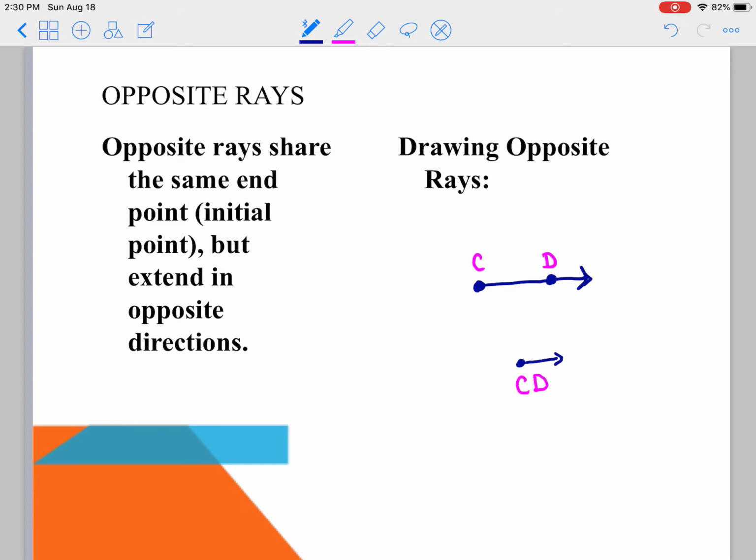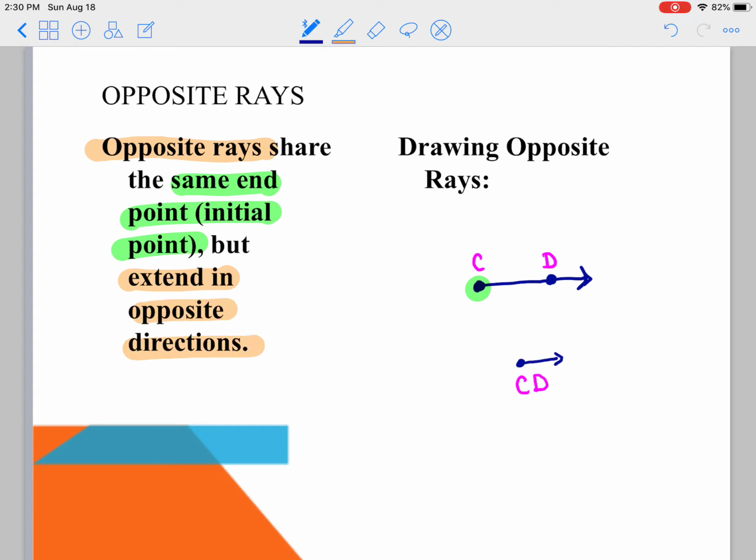So I have a ray, but in this case I'm working with opposite rays. Actually, I want to use a different color here. Let's call it opposite rays, because I worked with endpoints when discussing rays. I notated the endpoints in green, and in this case I have my endpoint as C, but opposite rays share the initial point, but they extend in opposite directions.